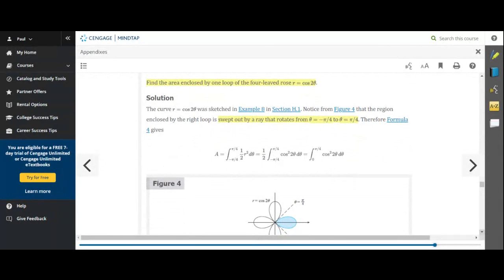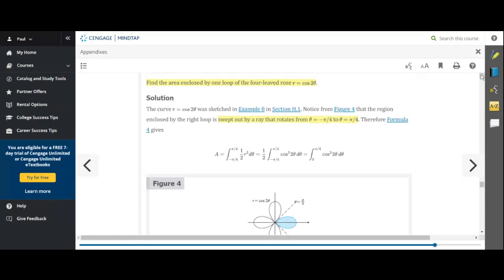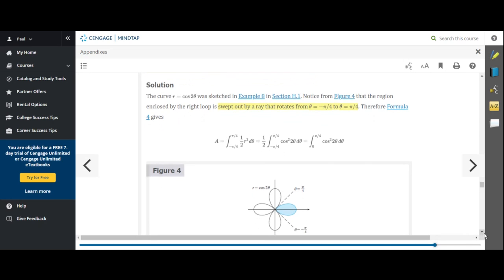Could we mathematically justify this? Based on the polar curve r equals cosine 2 theta, what would the radius equal when theta equals negative pi over 4? What's the radius equal to? That's right, Colomb, 0.